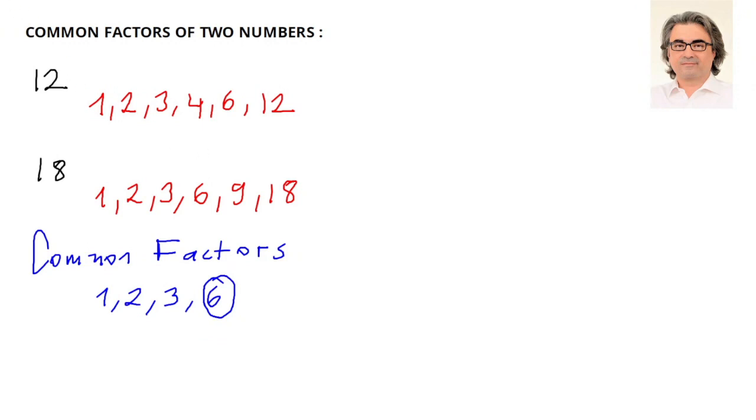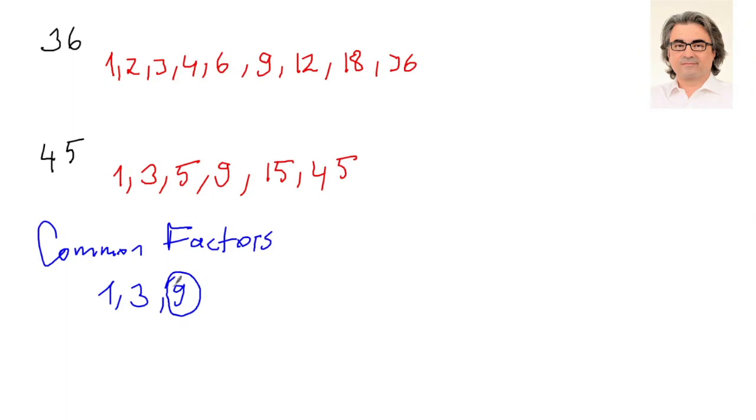What about the next example? Come to here. As you see, we may reach the same result on this example. 1 and 3 are the remaining common factors of 36 and 45, and they are also the factors of 9, the greatest common factor of 36 and 45. 1, 3, and 9 are all factors of 9, which is the greatest common factor of 36 and 45.